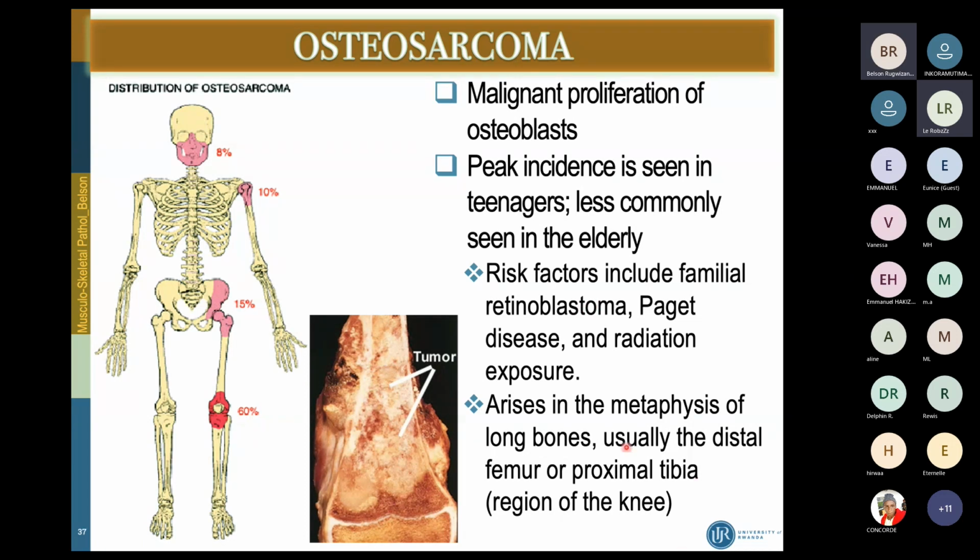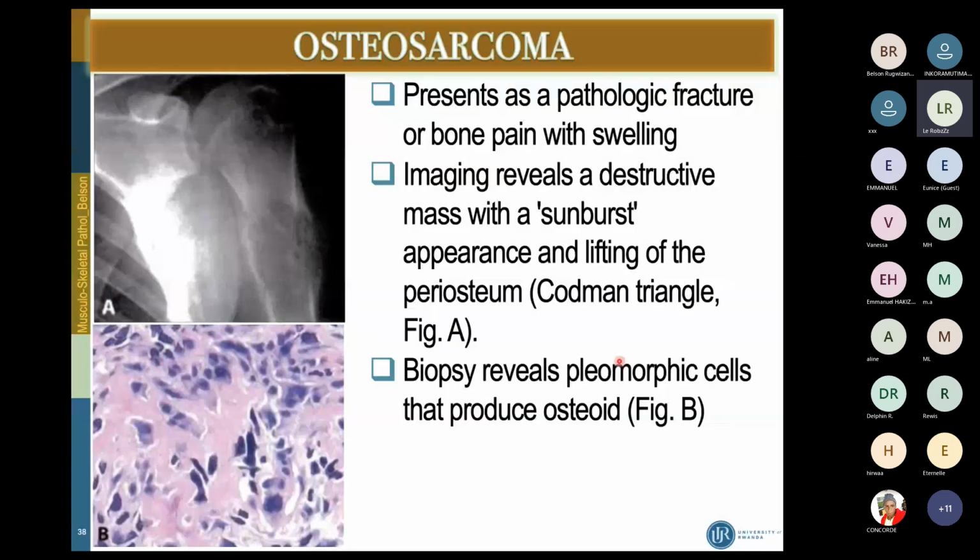So as I was saying, this arises from the metaphysis of long bones, usually in the distal femur or proximal tibia around the knee. So I think this is a part of your assignment, of course. So it presents usually as a pathologic fracture of bone or bone pain with swelling.